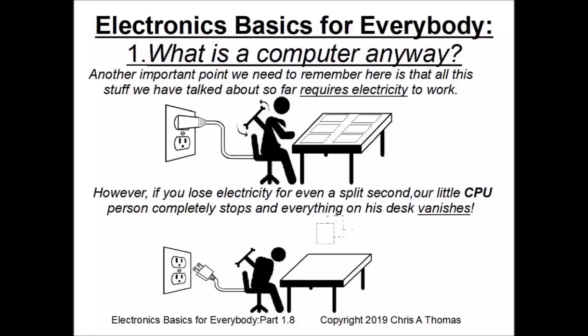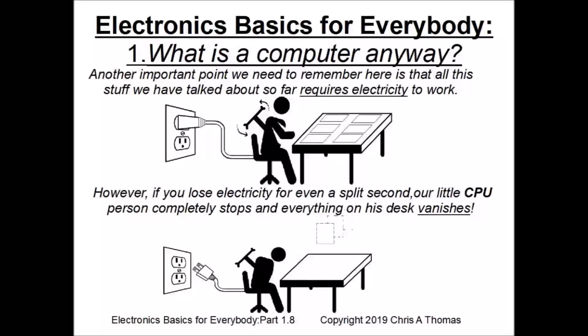All the papers just blow away and everything's lost forever. So we need a contingency for that. We need some way to store the data when the power goes out or when we turn the computer off.